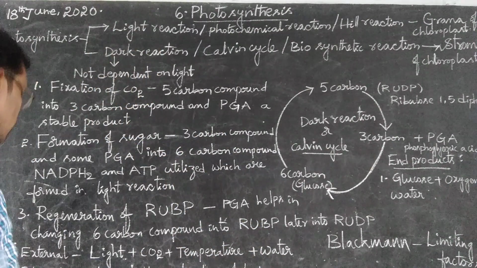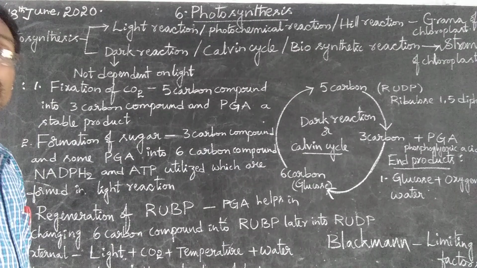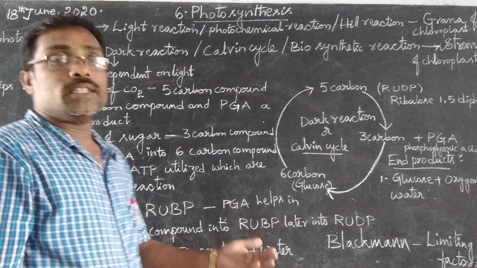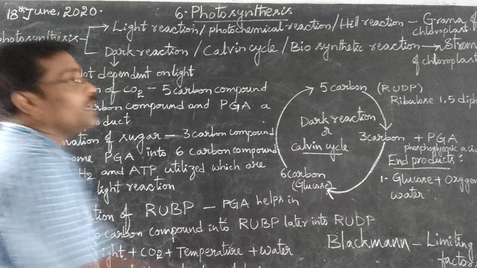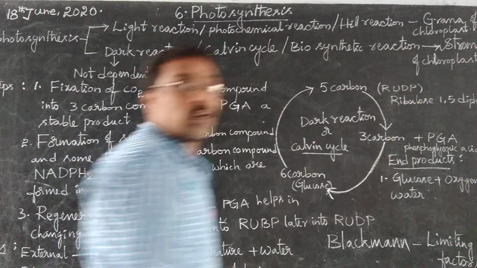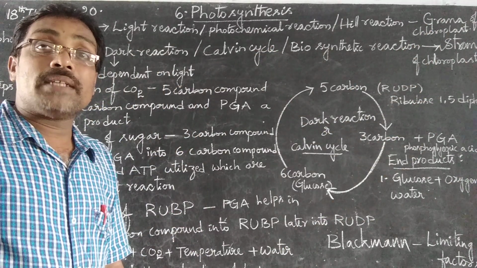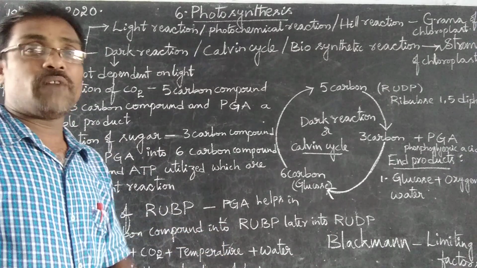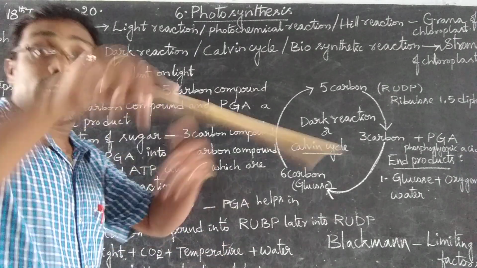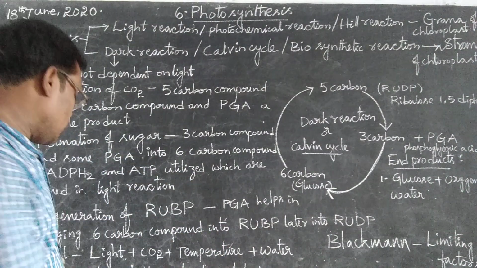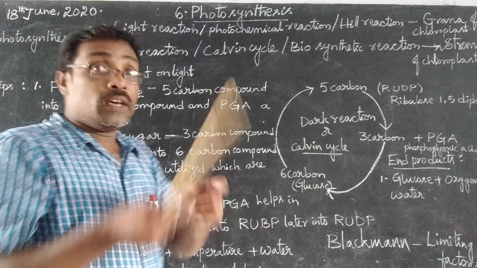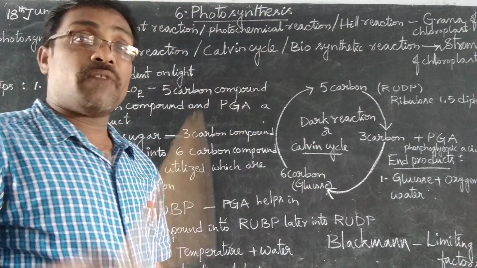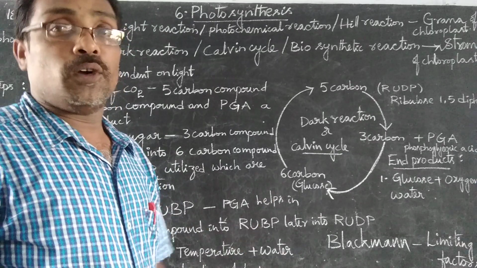In the same way, what are the internal factors? Where the photosynthesis process takes place is the internal factor. Where does it take place? In the grana and stroma of the chloroplast. Where is the chloroplast present? In the leaf of a plant. That's why they are called internal factors: chlorophyll and structure of the leaf. The shape and structure of the leaf can also affect the rate of photosynthesis.